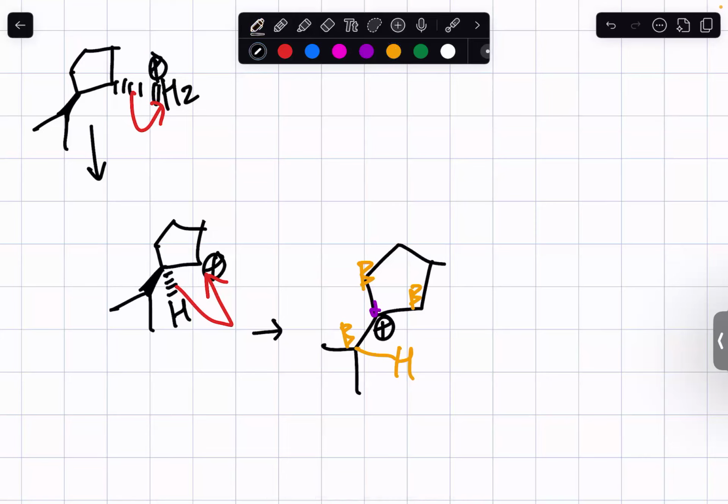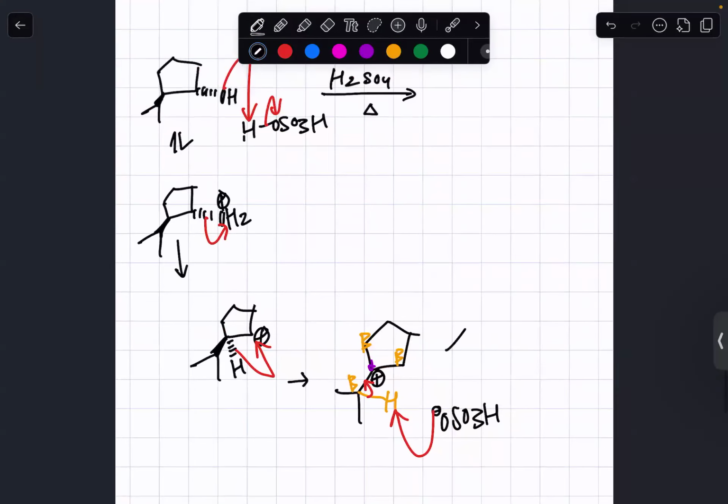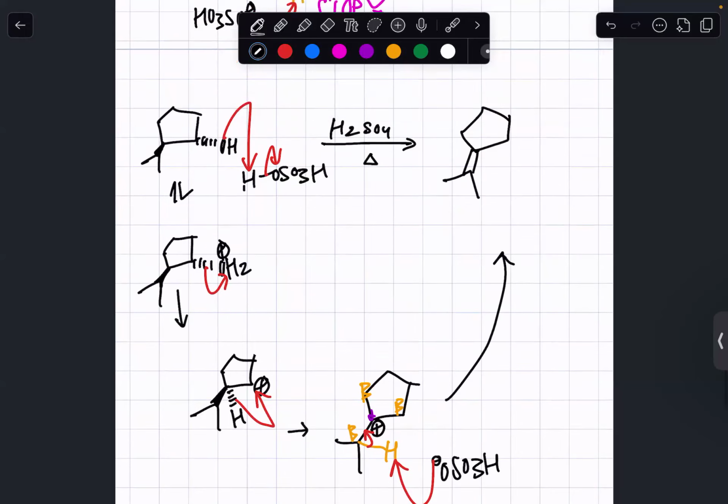And then the conjugate base, the HSO4 minus, is going to grab that beta proton and create a double bond between the alpha and beta carbon to give us our most substituted double bond here, like that. Okay.